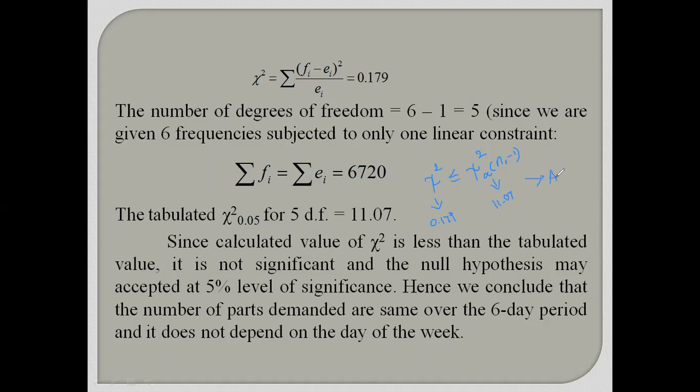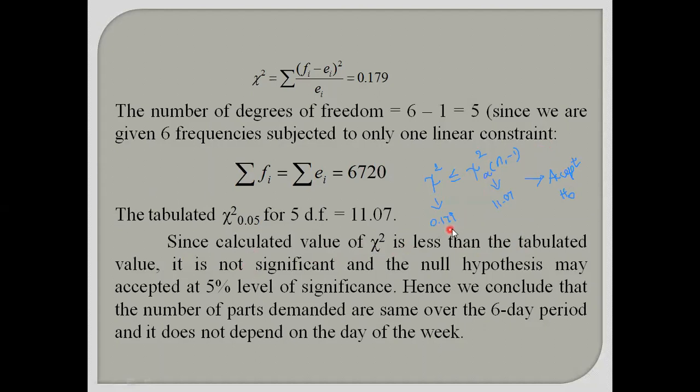So we can accept H naught since the calculated chi-squared value is less than the tabulated value.